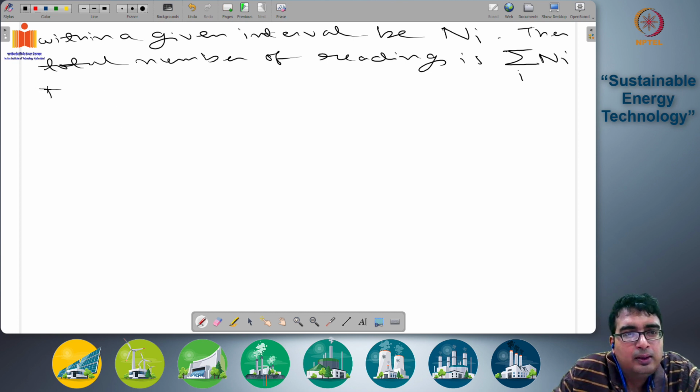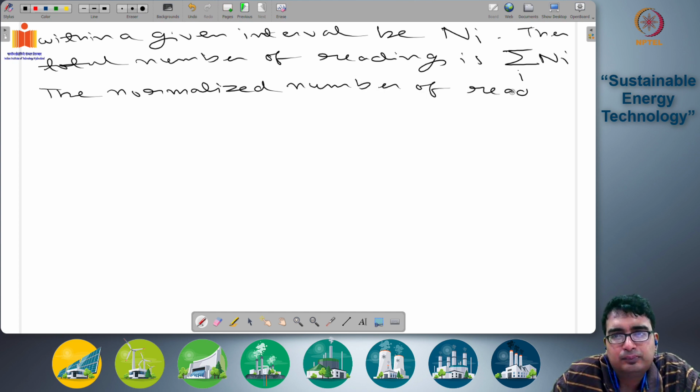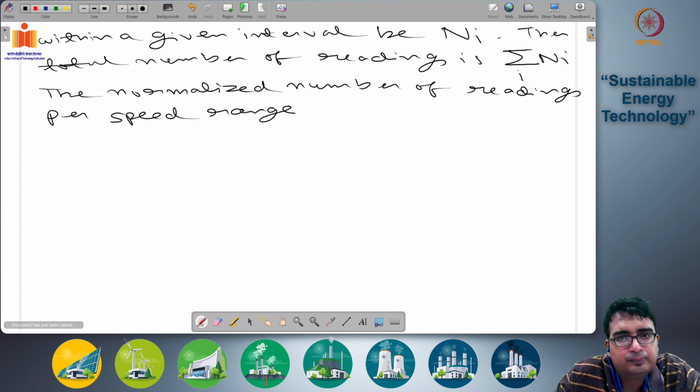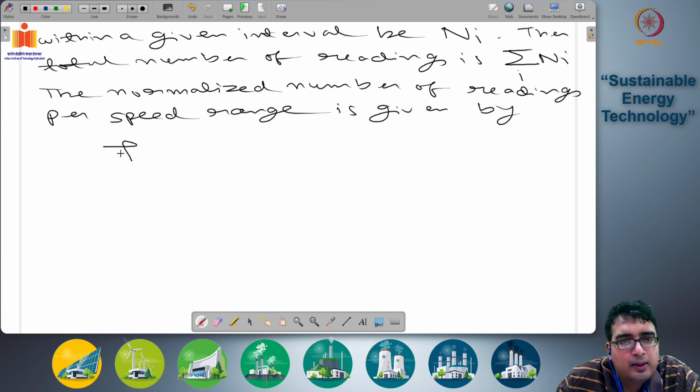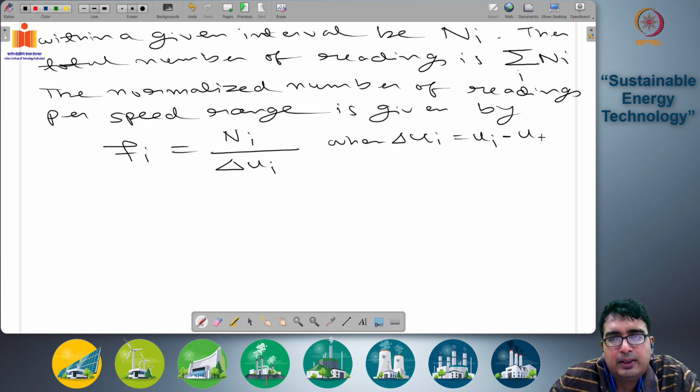So then the normalized number of readings per speed range is given by Fi equals Ni by delta Ui, where delta Ui is Ui minus U(i-1).